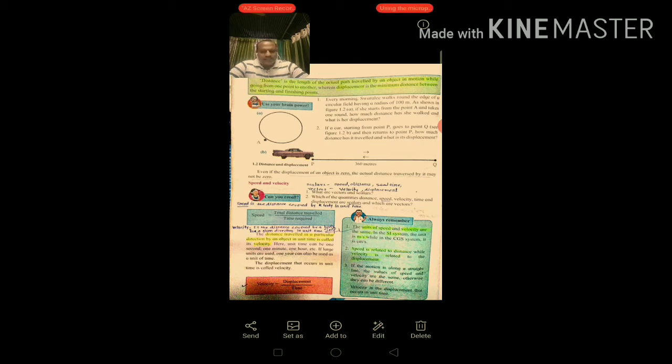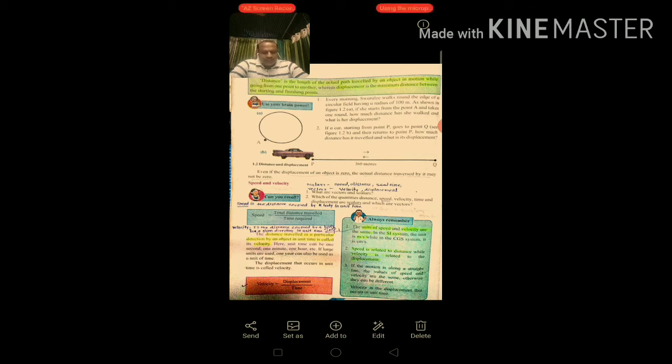Speed is related to distance while velocity is related to displacement. If the motion is along a straight line, the values of speed and velocity are the same, otherwise they can be different.